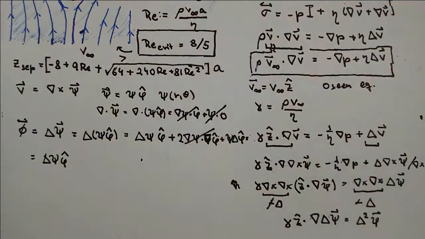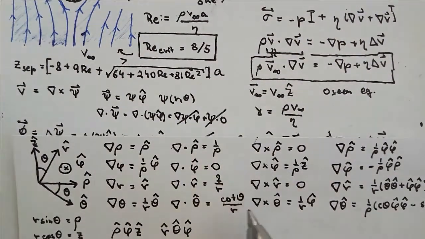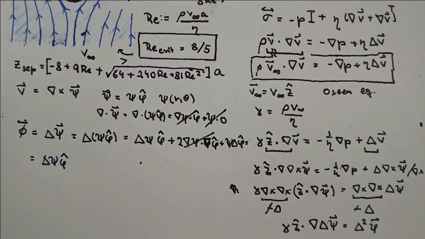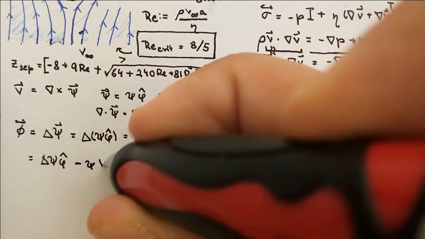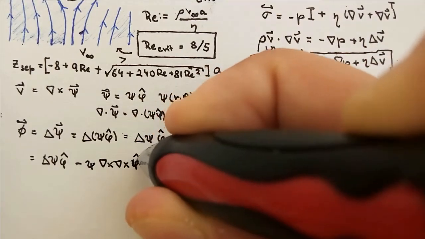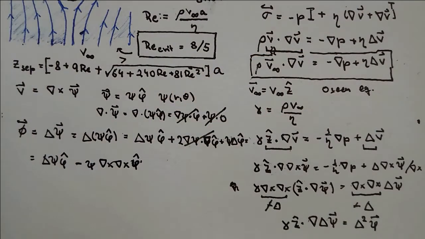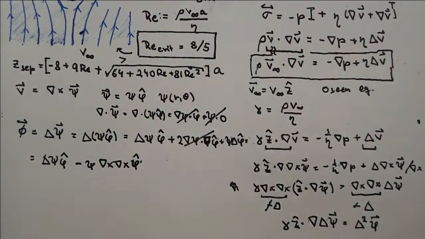Laplacian of phi, again, because the dot product with the phi vector is 0, we can write it as a double curl with minus, and we know that the curl of phi is 1 over rho z hat.